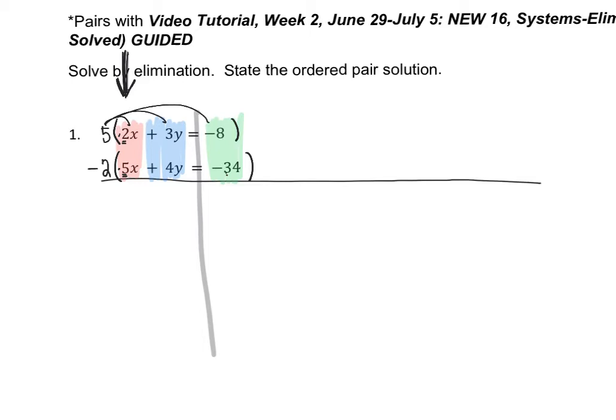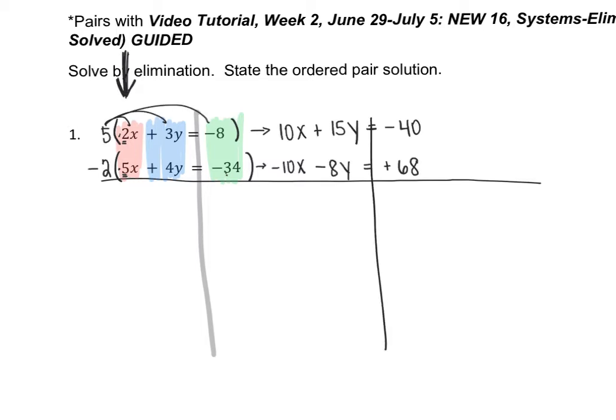So I get over here 10x plus 15y equals negative 40. And then on the bottom, I get negative 10x minus 8y equals positive 68.